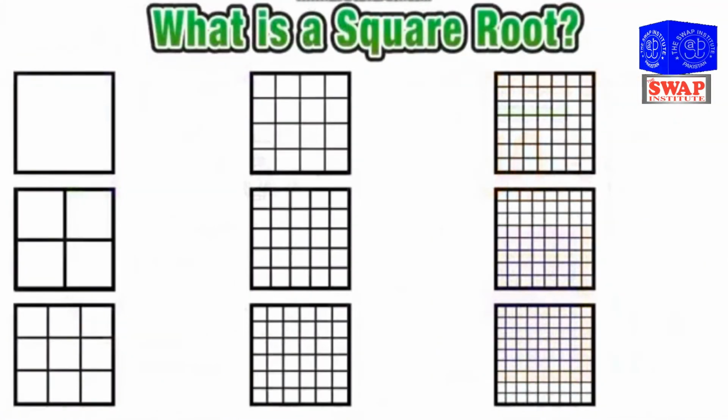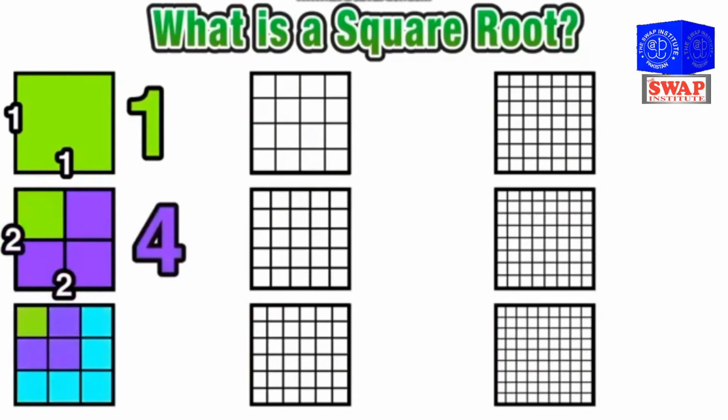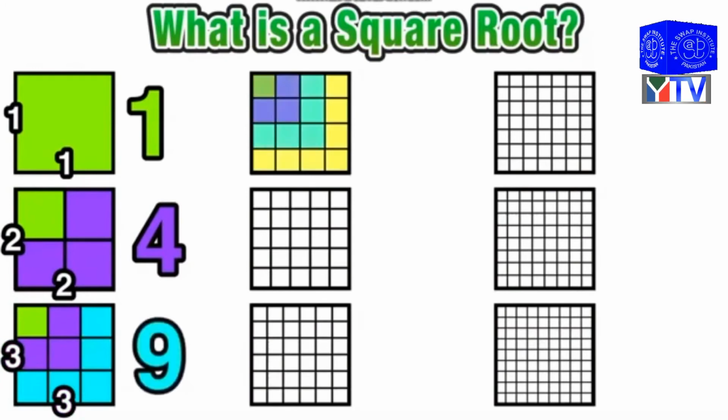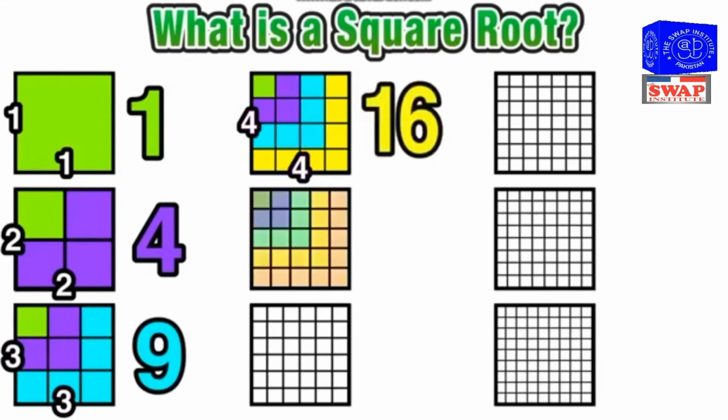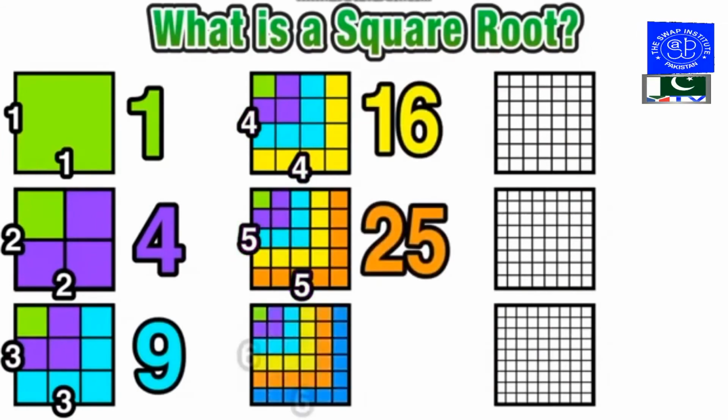Now let's visually explore some of the common perfect squares and their relationship with square roots. We know 1 times 1, or 1 squared, is equal to 1. 2 times 2, or 2 squared, is equal to 4. 3 squared, or 3 times 3, is equal to 9. 4 times 4 makes 16, or 4 squared. 5 squared, or 5 times 5, is equal to 25. 6 times 6 is equal to 36.